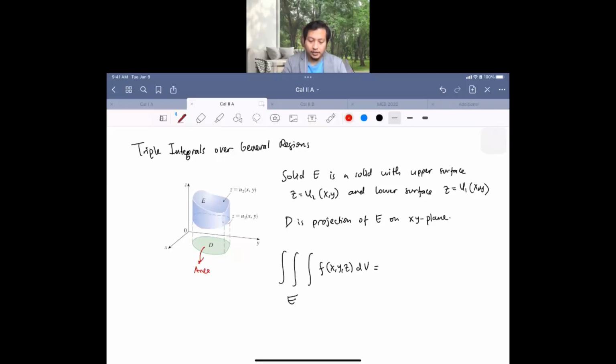So it can be dy dx or dx dy. So now this becomes the double integral over D, and the inside integral will be z, with z from u1 to u2. This is f(x,y,z) dz dA.